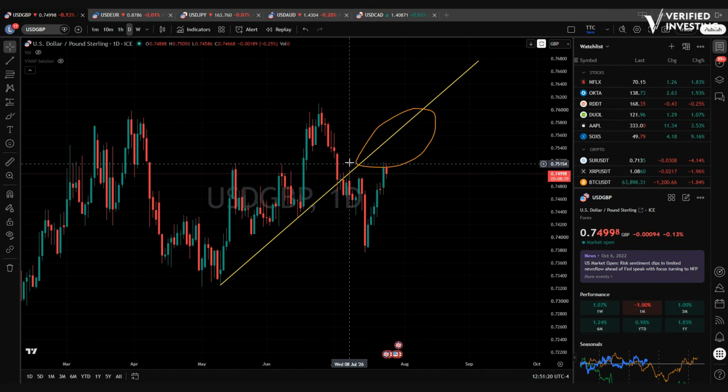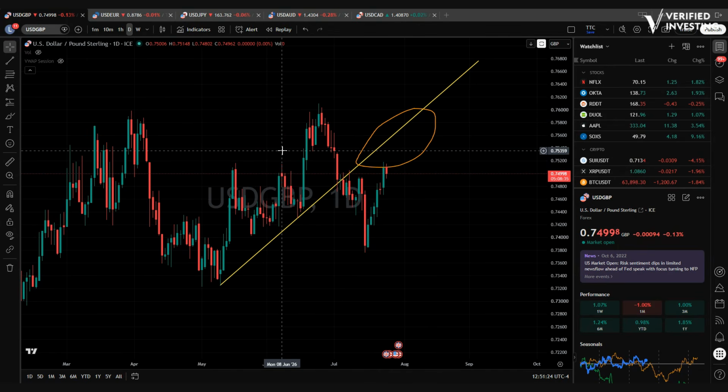But we know that this is a key psychological low, that 0.75, meaning that the United States dollar is only worth about 75% of what the Great British Pound is worth. So this is definitely something to keep on your radar, guys, and watch. I know currencies don't move the quickest, right? But for all you traders out there that trade Forex, just be careful out there.